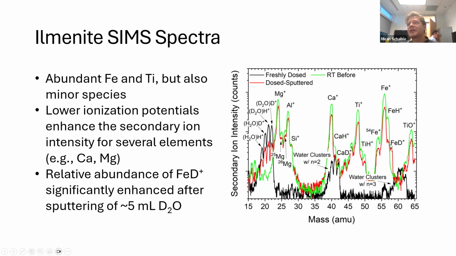Then after deposition and irradiation, we see that FeH signal is strongly suppressed, and we're seeing almost exclusively the formation, or basically a 1-to-1 ratio, of the formation of FeD+. So this is indicating that the deposited water molecules are interacting with the substrate iron.